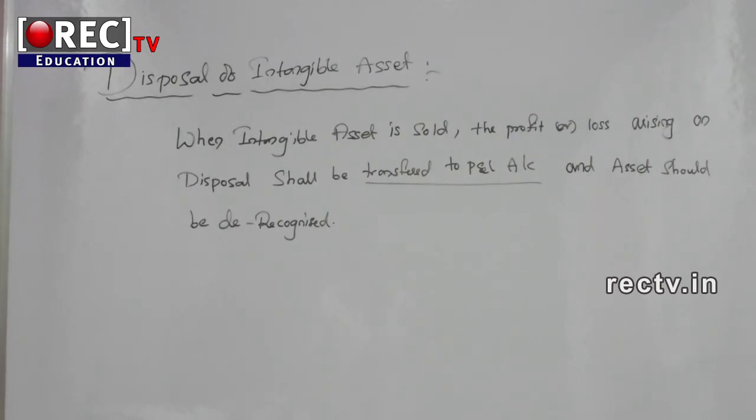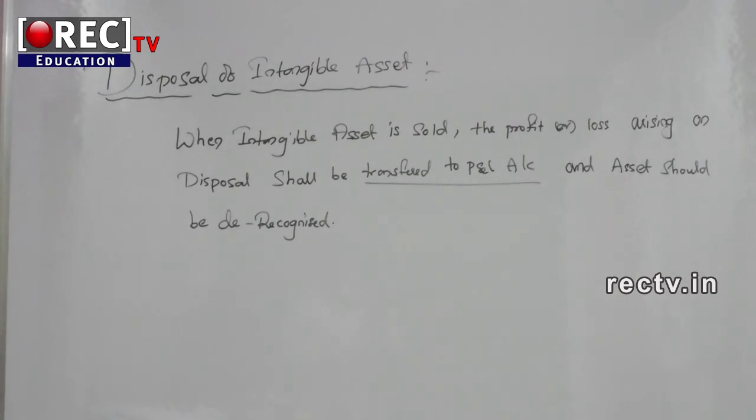So, friends, whatever intangible assets you have, now you are going to sell. After sale, there is a profit or loss on such sale. So, you should transfer such profit or loss to P&L account, and in your balance sheet you should de-recognize the intangible asset. So, this is the disposal of intangible asset.